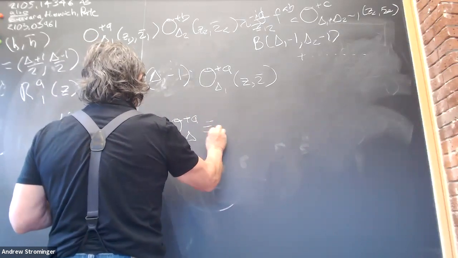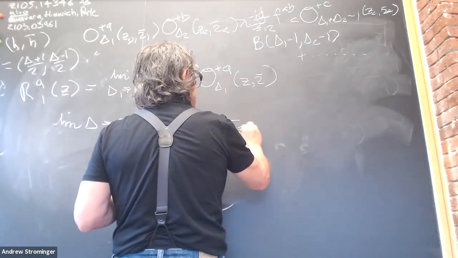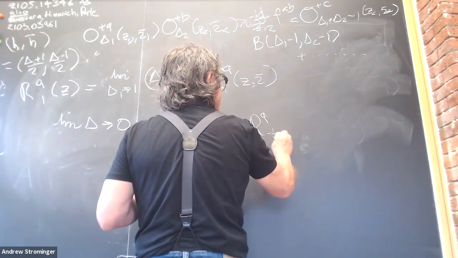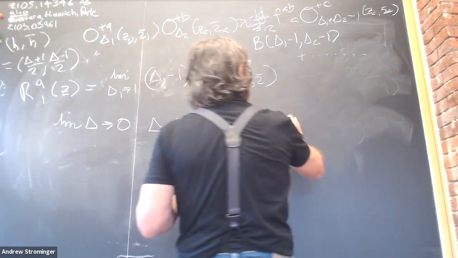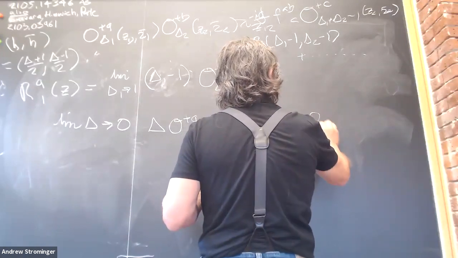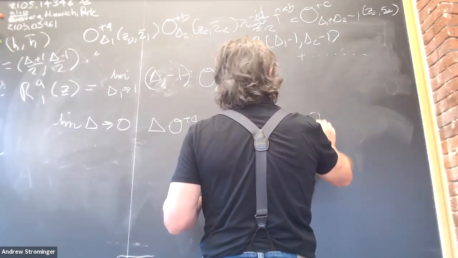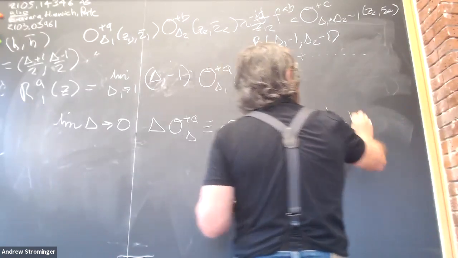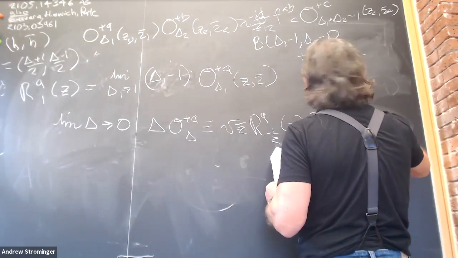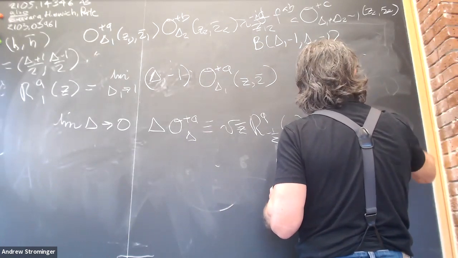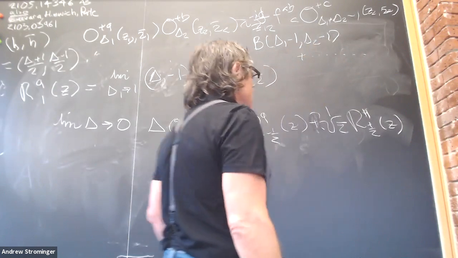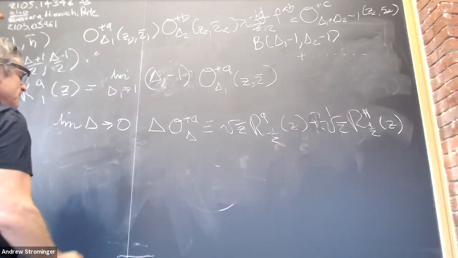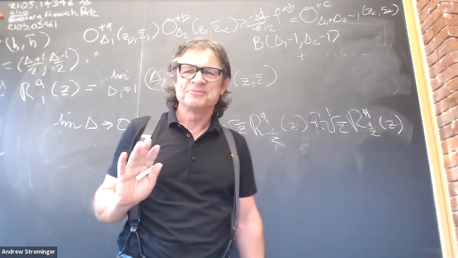And we define that as square root of Z R_A minus a half of Z, plus 1 over square root of Z bar R_A plus a half of Z. Now, what happens here is that the left conformal weight becomes minus a half.